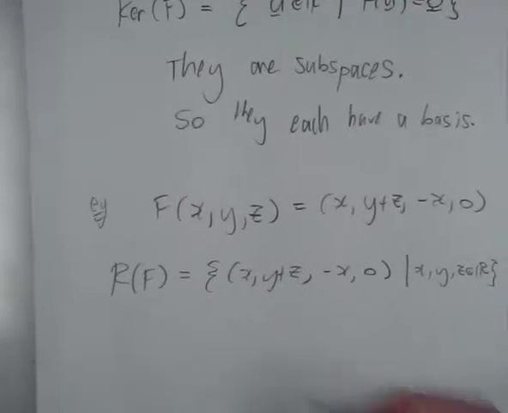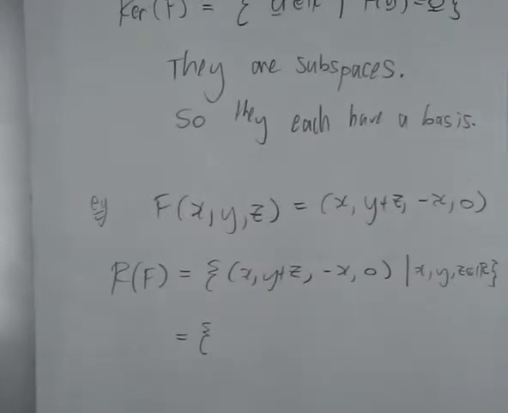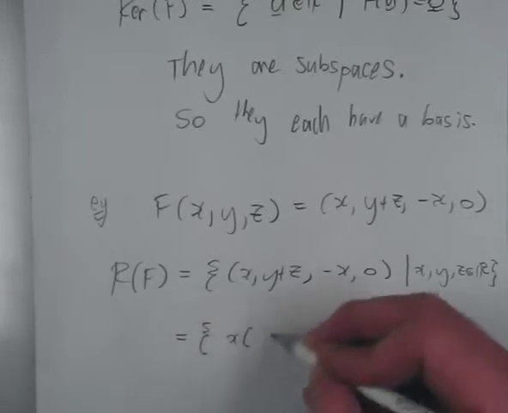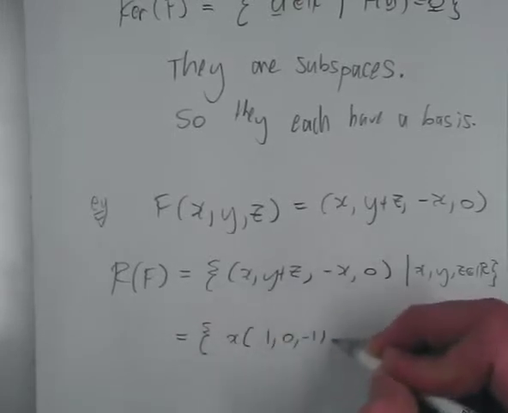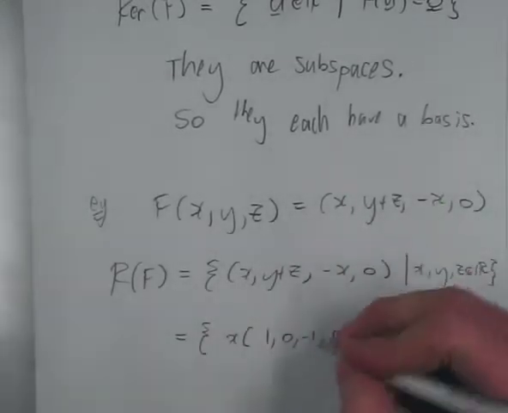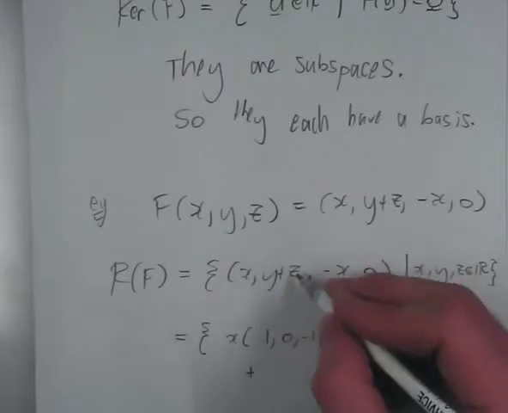Well, let's think about that. I know it's a subspace and I want to write it with a basis, so all I need to do is write it as the span of something and that will do the trick. So I'm going to rewrite this in terms of the x and the y and the z. So I've got x times 1, 0, minus 1, 0. And I've got y plus z in this coordinate.